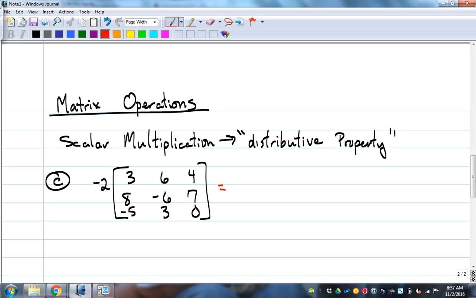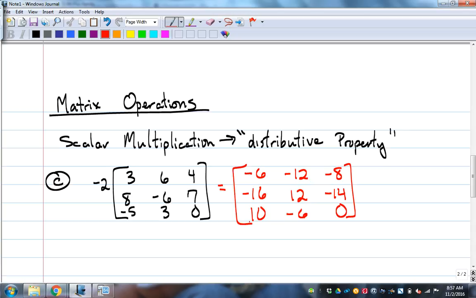That's scalar multiplication. So -2 times 3 do -6, -12, -8, -16, +12, -14, 10, -6, and 0. So you just distribute this number to every element inside that matrix.